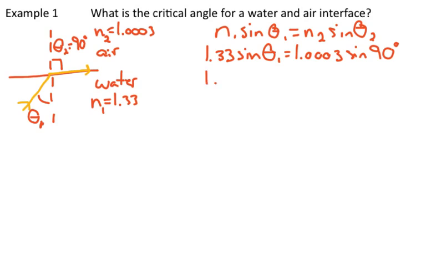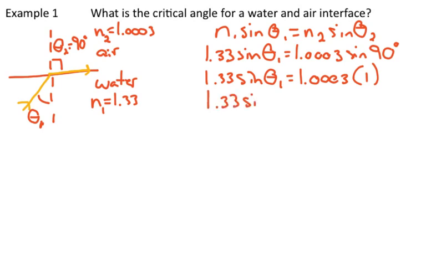We start calculating. There's no calculations we can do on the left. On the right, we can go ahead and calculate sine of 90, which is exactly 1. Again, no calculations on the left, but on the right, we have 1.0003 times 1, which is 1.0003.